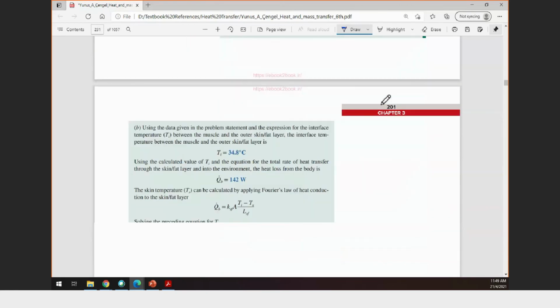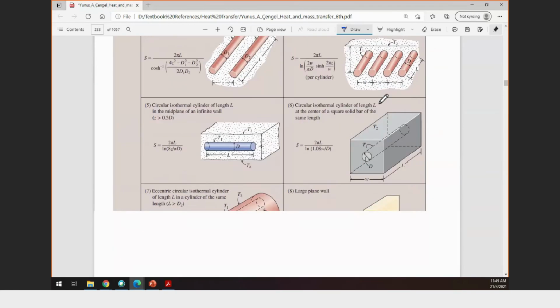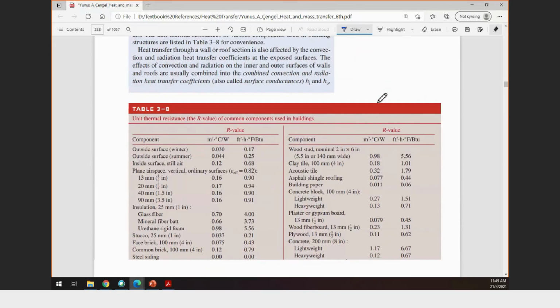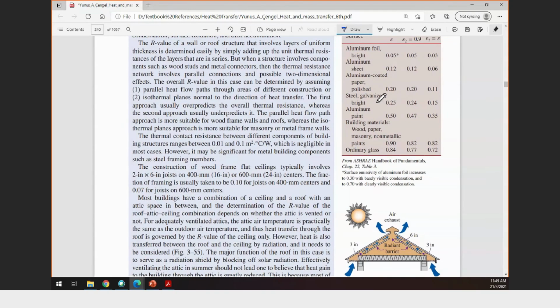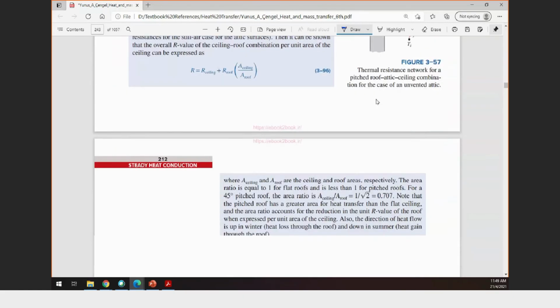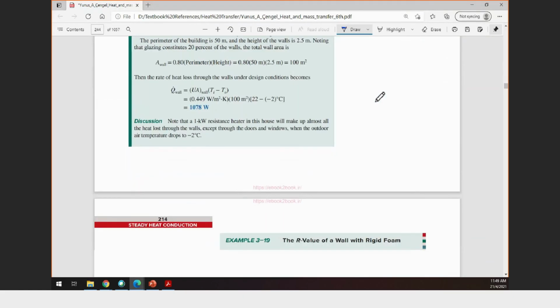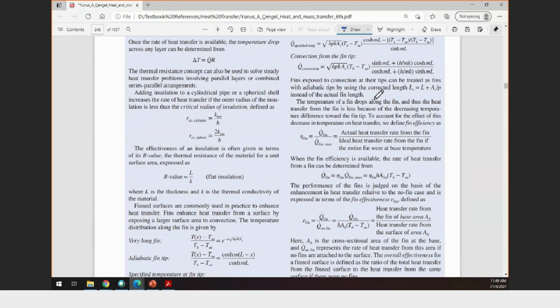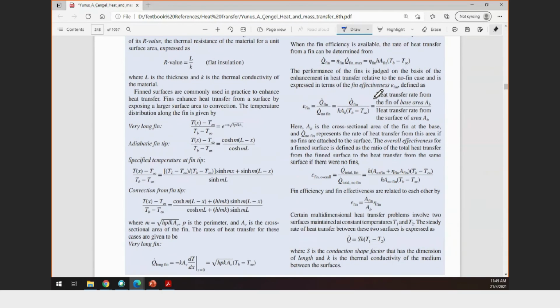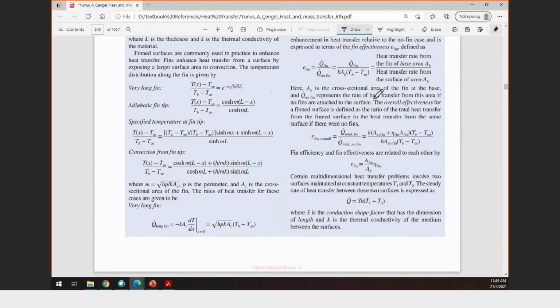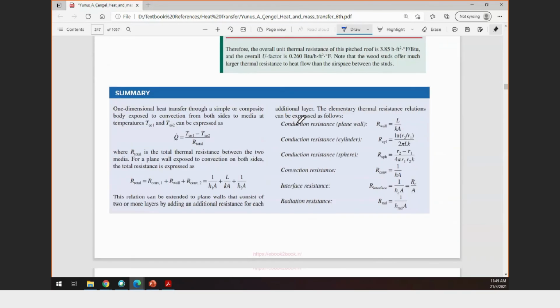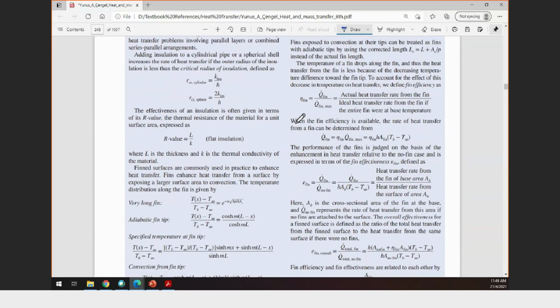Sometimes the summary also has the equation. Actually there is a lot of information here, but not all is covered in your test. Okay, this is the summary in page 217.